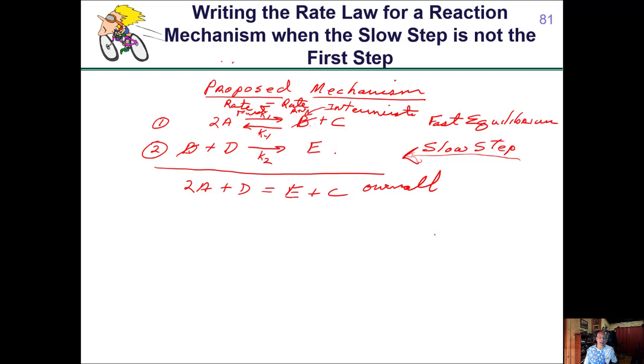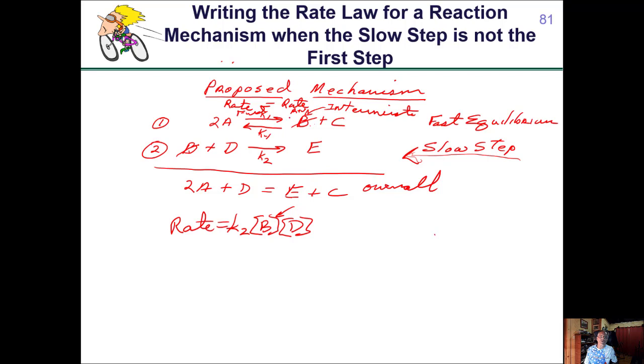So let's treat step 2 straight up and write a rate law for it. Rate is equal to k2 times [B] times [D]. That's fine, except that B is an intermediate. If we go up to the first elementary step, we see that this is a fast equilibrium, meaning the rate forward is equal to the rate reverse.